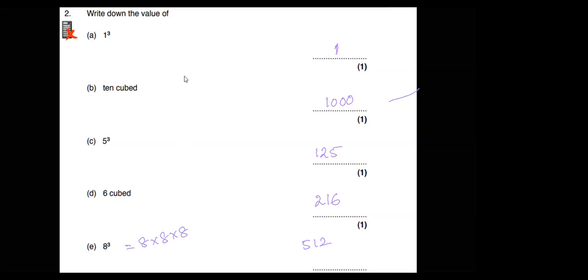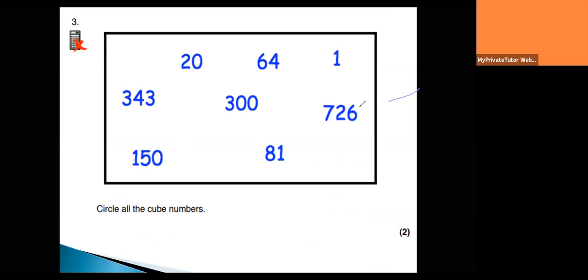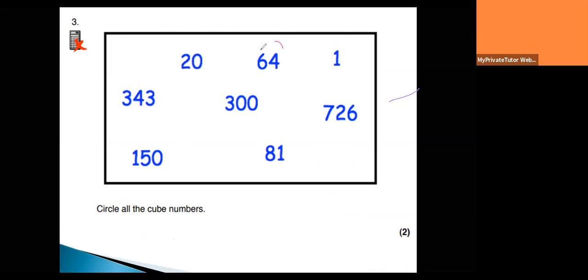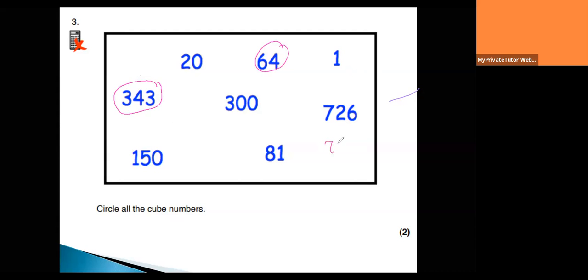Okay, the next set of questions, here it is. Circle all the cube numbers in it. Just tell me the numbers. One of them is 64. 343, excellent, which is nothing but 7 cube. And there's one, 726. 726 is not a cube; it's 729 for 9, okay?